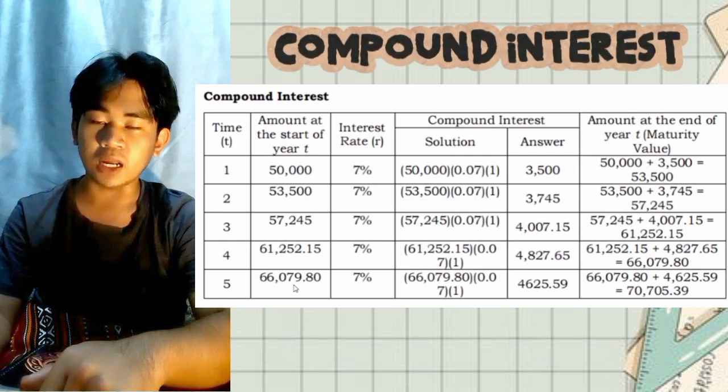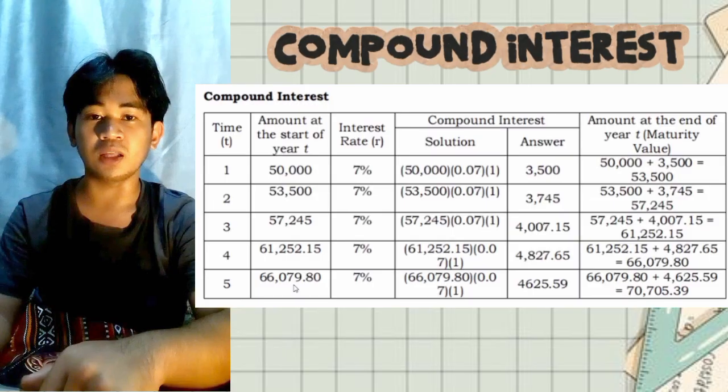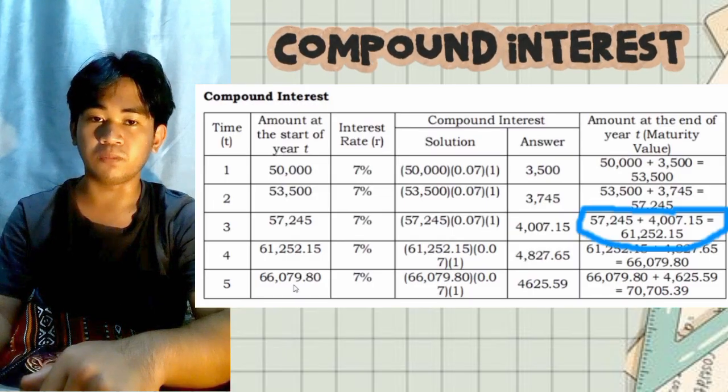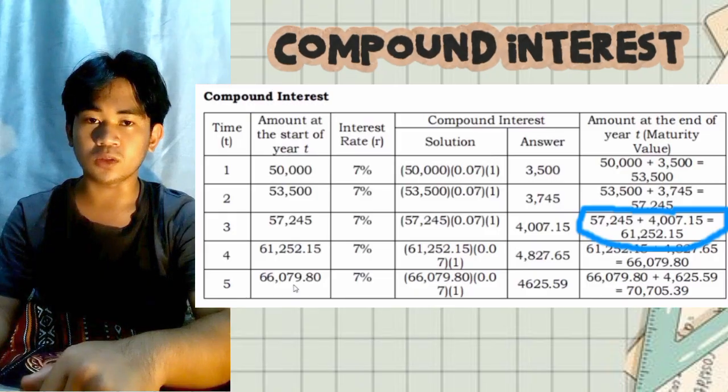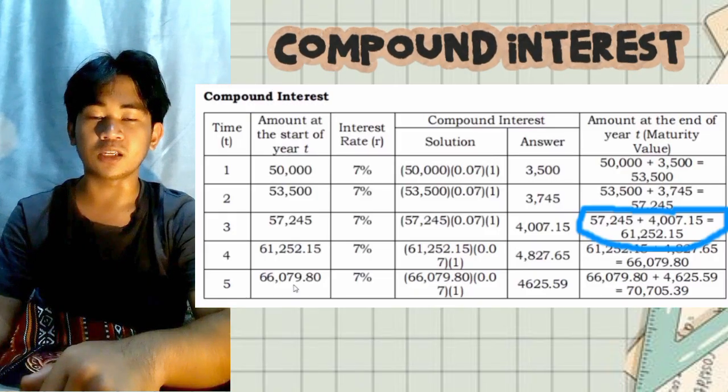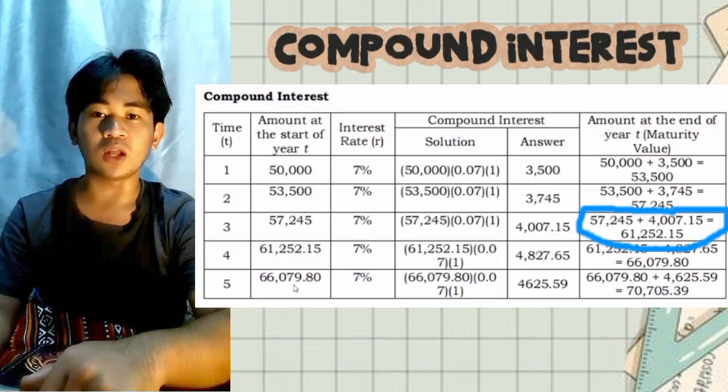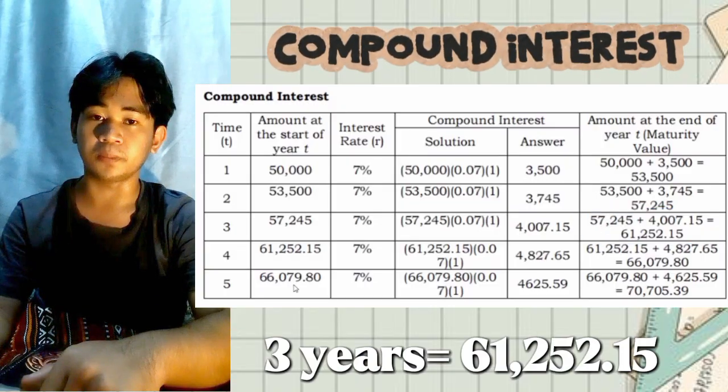Ito naman ang interest na kinita ng ikatlong taon. Kapag inadd natin ito sa 57,245, makukuha natin ang 61,252.15. Kaya pagkatapos ng 3 years, ito na ang total na pera na meron ka.